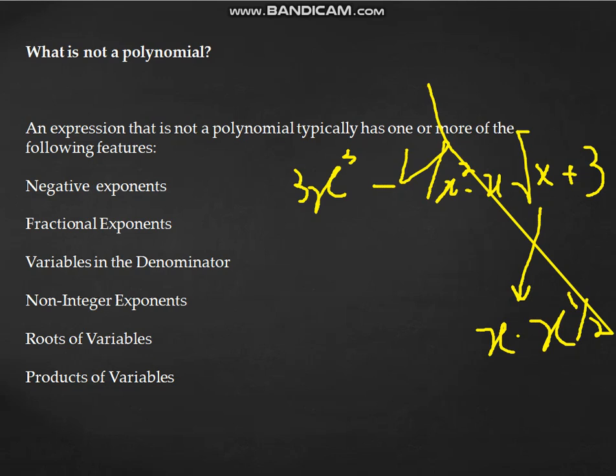Are there any variables in the denominator? I don't see any. Are there any non-integer exponents? I don't see that either. Roots of variables? Yes, I do see x in a root. And are there any products of variables? No, but yes, x dot x is a product.